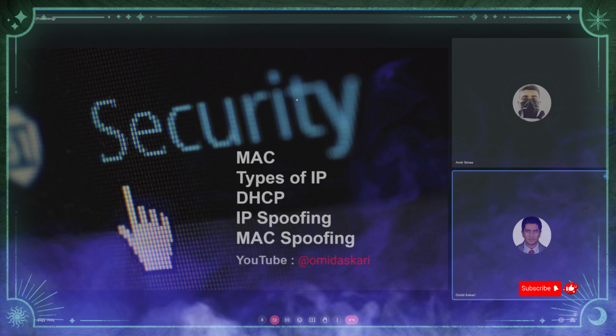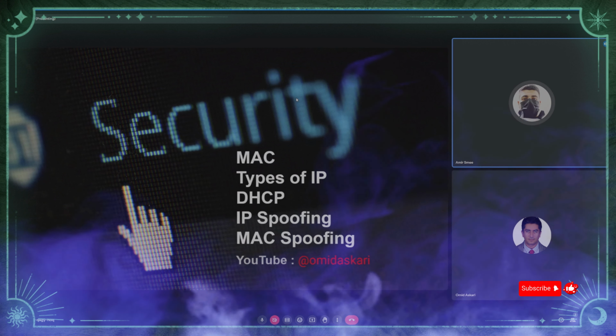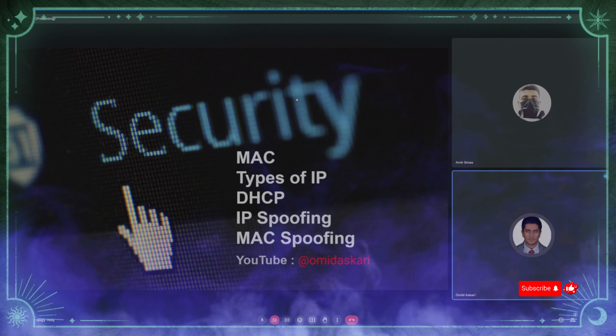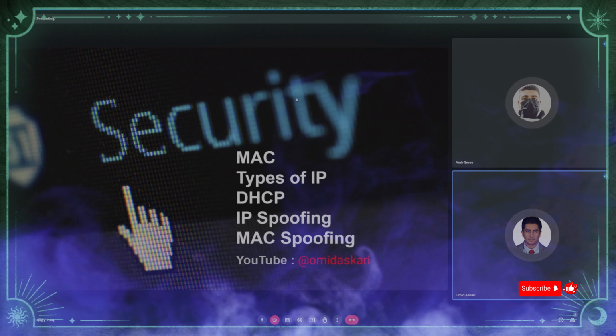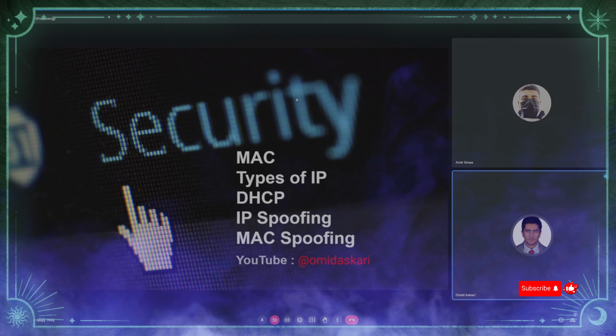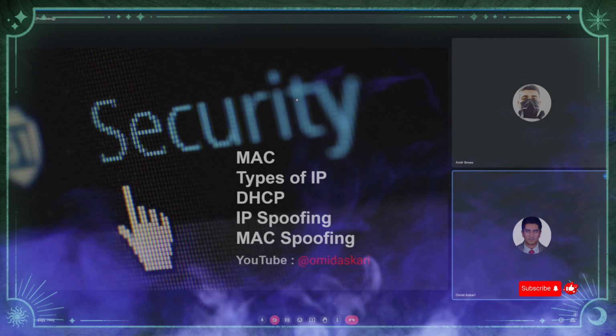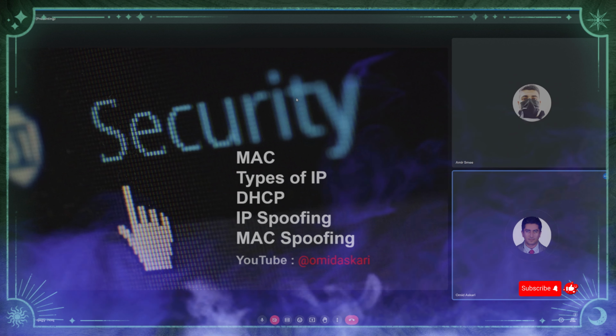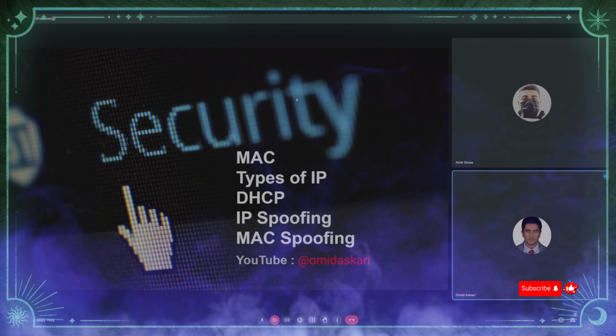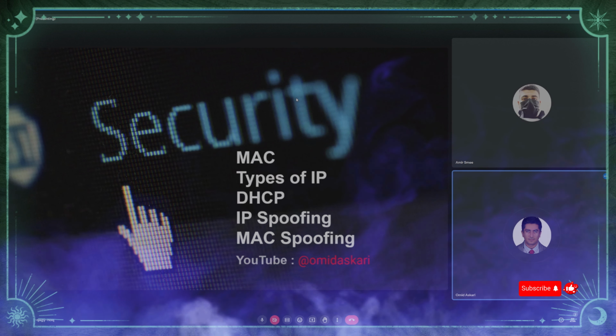Let's talk about an example. IP and MAC spoofing can be used to launch various attacks, such as man-in-the-middle attacks and DDoS, denial of service attacks.